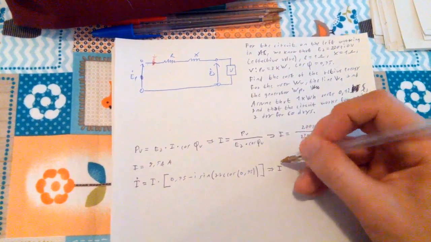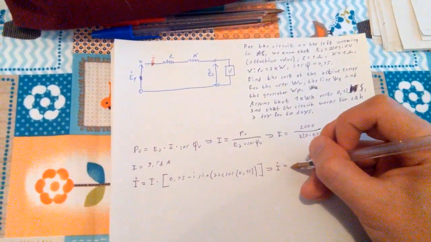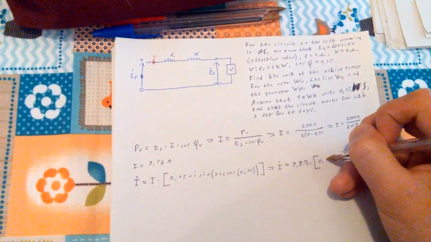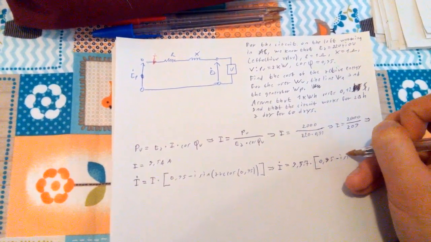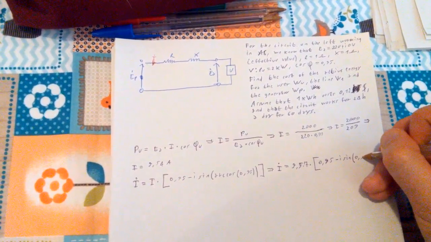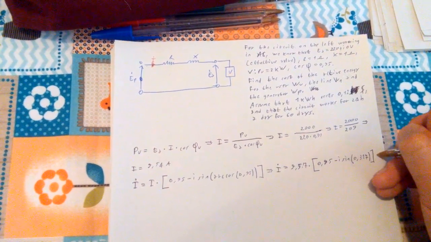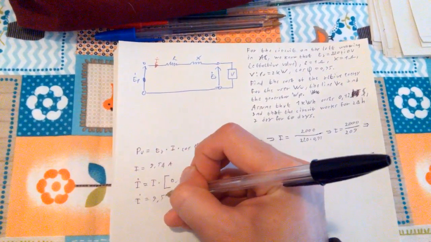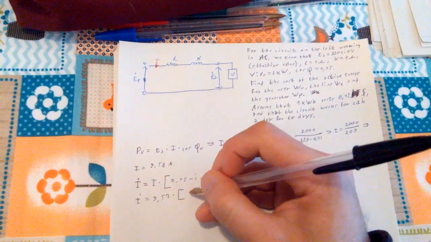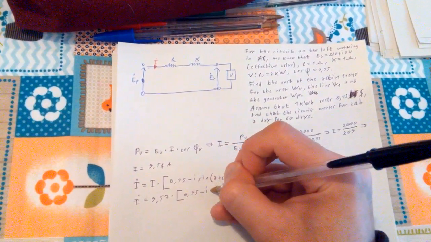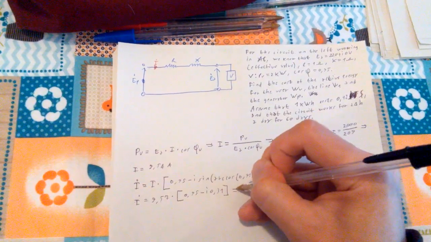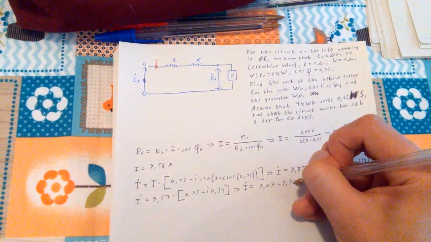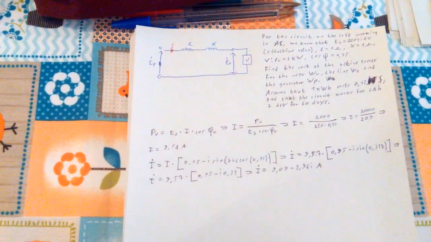Therefore, I complex is 9.57 times 0.95 minus I sine of 0.317. So I complex is 9.57 times 0.95 minus I 0.31. So I complex is 9.09 minus 2.96 I ampere.